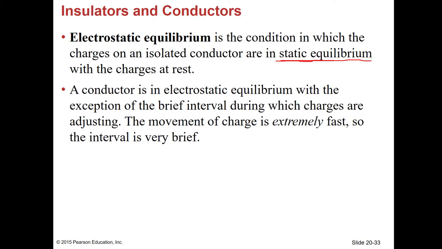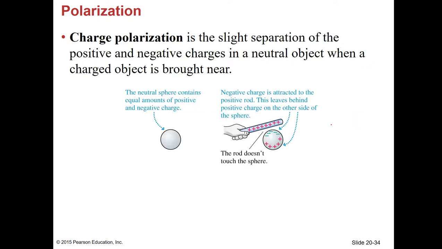Okay, so we start the semester with electricity talking about this, static equilibrium, charges not moving around. And this is an example of polarization. You bring this charged rod, so this must be a glass rod, I guess, because it's positively charged. You bring it by the sphere.